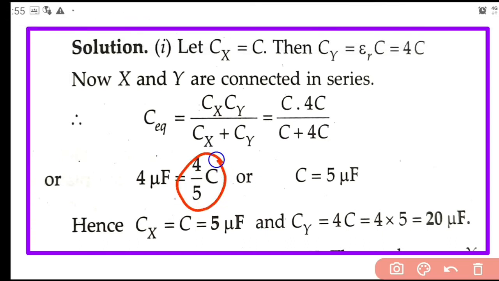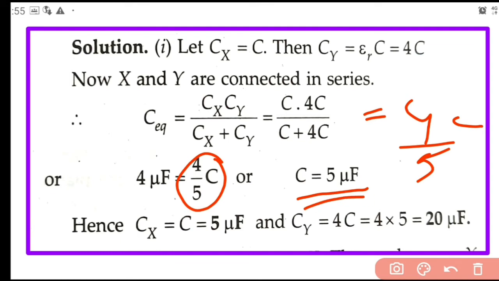That is equal to what? 4 microfarad. It is given in the question. From that we will get C to be equal to 5 microfarad. C is Cx. So Cx is 5 microfarad. So Cy is 4C, that is 20 microfarad. So we got the answer to the first part.